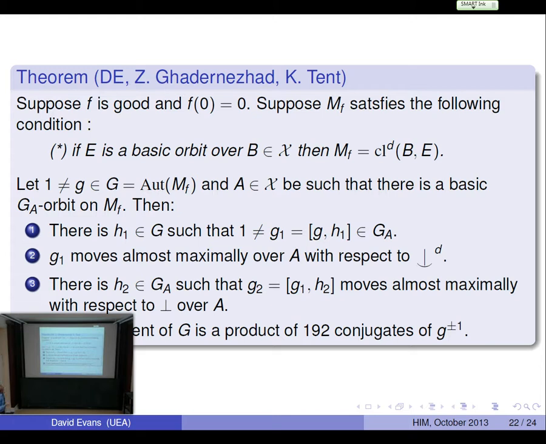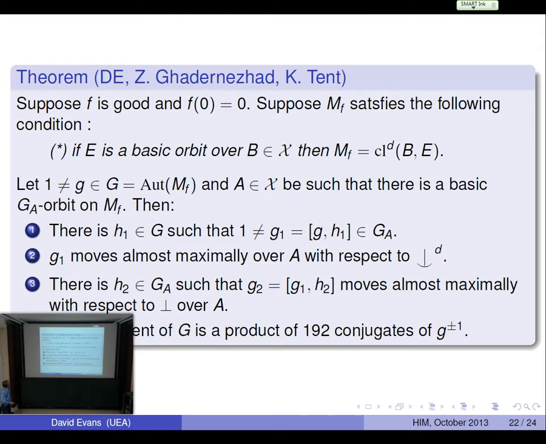All right, so suppose F is good and we want the automorphism group to be transitive. Suppose we've got the following extra condition: if A is a basic orbit over B, then MF is in the closure of B together with E. Here's the result. We'll come back to that star thing.